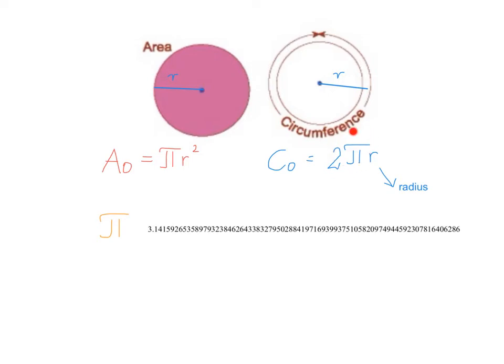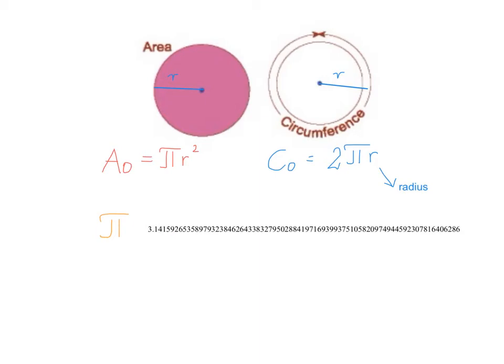And what is pi? Pi is a number, and it's an irrational number. What does that mean? That means the decimals go and go and go. Here you have just the first few tens of them, but it goes on and never shows a pattern.